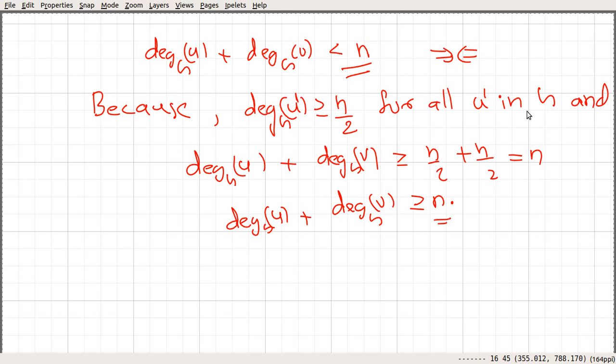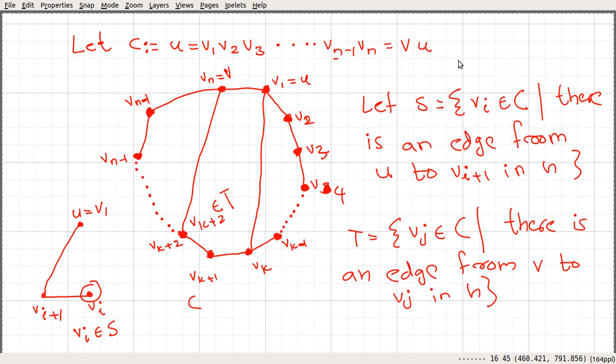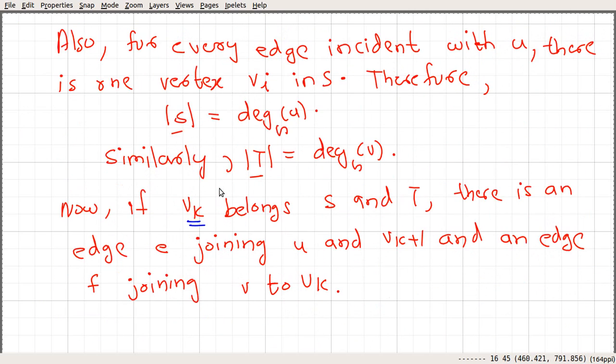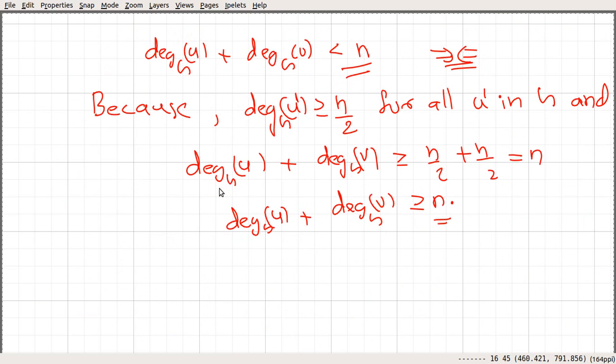That's why we got this contradiction, and that says our assumption was wrong. It all started from this: suppose the statement is false, and we assume there is a non-Hamiltonian graph H with the degree of each vertex greater than or equal to n by 2. This is false, and that says if this is satisfied for every vertex in the graph, then the graph is Hamiltonian. That's the proof. It's a very nice proof.